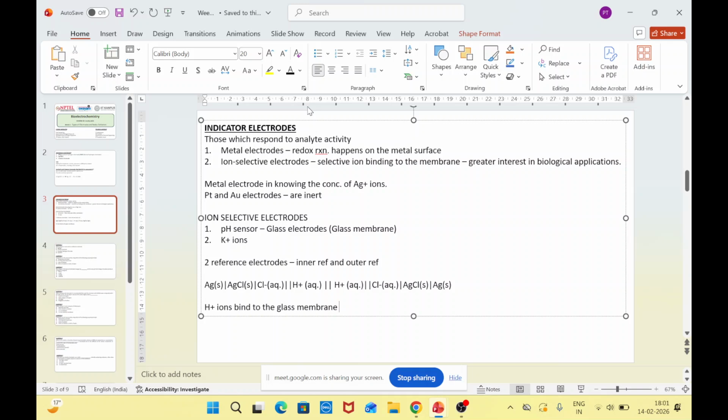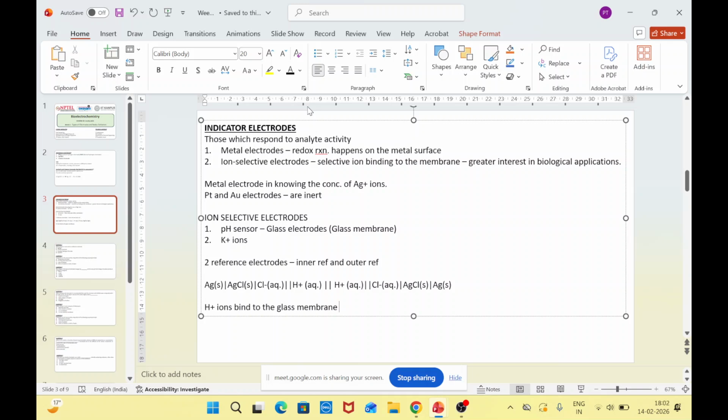Similarly, for detecting potassium ions, the same principle is used. However, instead of using glass as a membrane, you use valinomycin. This valinomycin membrane binds with the potassium ions and transports them inside the membrane.